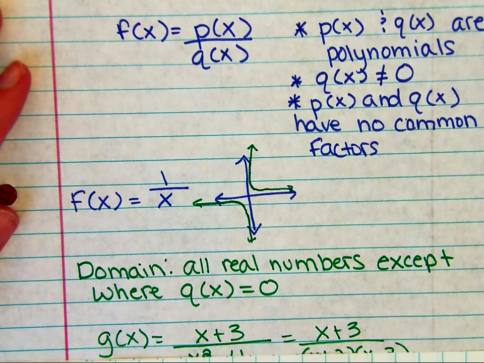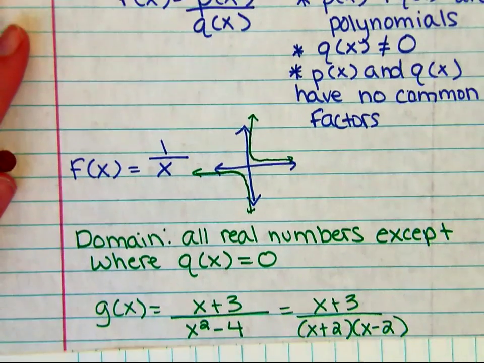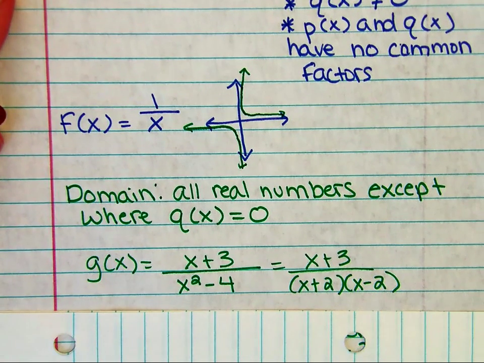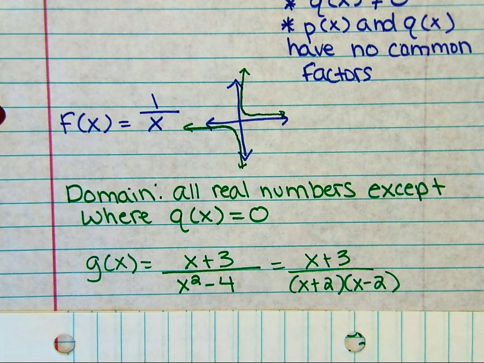For example, if I had that G of x was equal to x plus 3 over x squared minus 4, you'll see I went ahead and factored the denominator. That's important, because we cannot have any common factors between the numerator and the denominator, and we don't here.